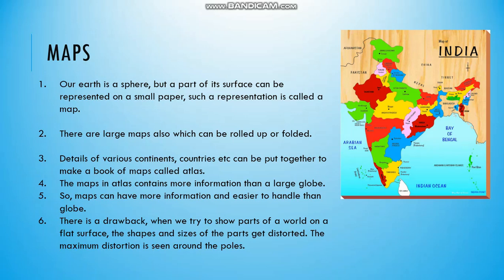But when a spherical thing is converted into a flat piece, flat thing, then there are some distortions. Accuracy in that case cannot be maintained. And this distortion is maximum at poles or around poles like North Pole and South Pole.